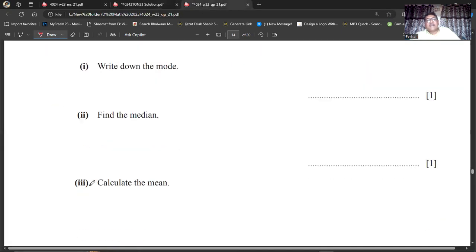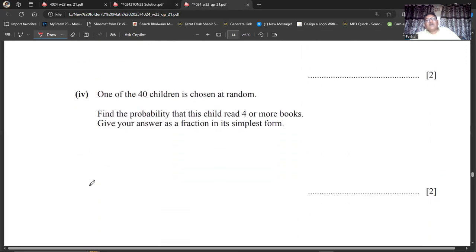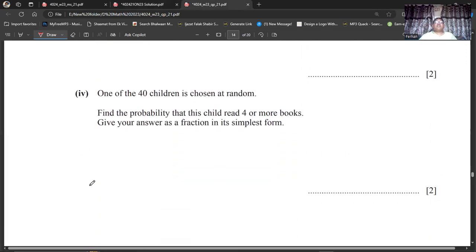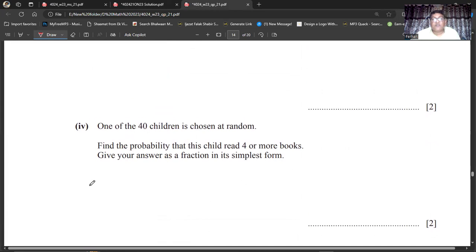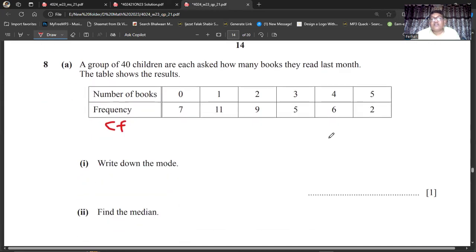Hopefully you understand this. Okay, then the question is, one of the 40 children is chosen at random. Find the probability that this child read 4 or more books. Give your answer as a fraction in its simplest form. So 4 books are read by 6 people, and more than 4, 2 people.